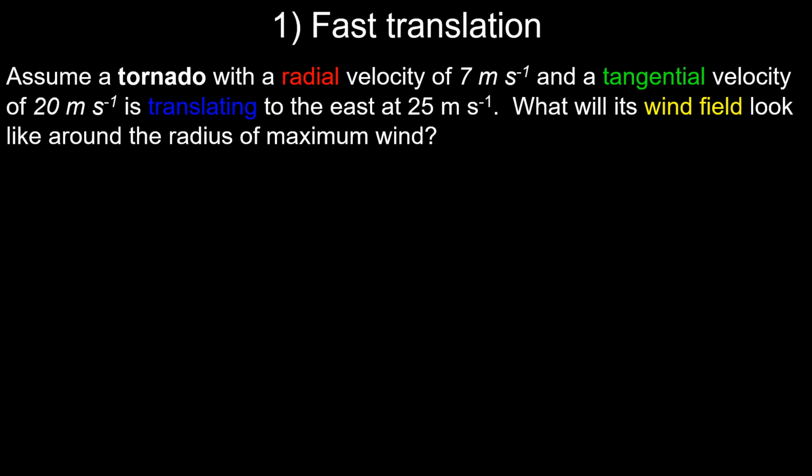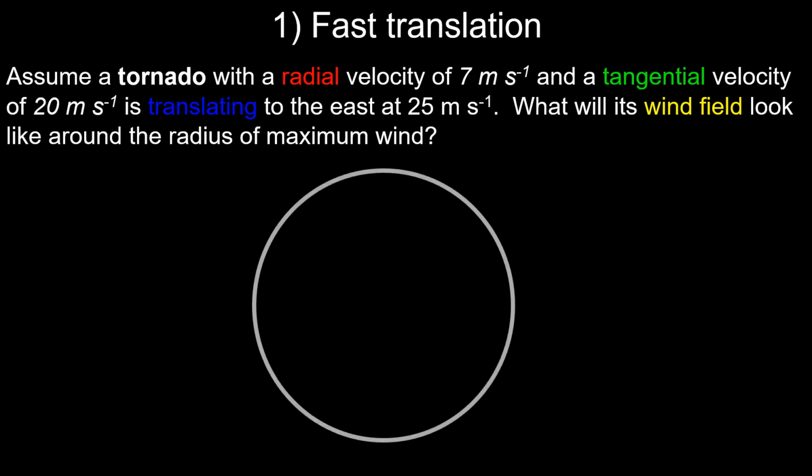So I'm not going to belabor this point a whole lot, but I do like to use these visuals as an illustration of the challenges of translation. So, for instance, let's say we have a hypothetical scenario. We have a tornado that has an inflow velocity or radial velocity of 7 meters per second, and you can double that to estimate knots, so about 14 knots, and a tangential or rotational velocity of 20 meters per second or 40 knots.